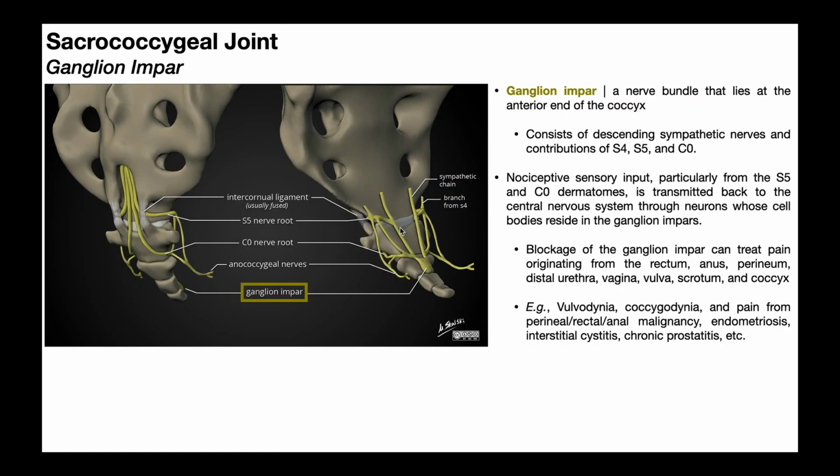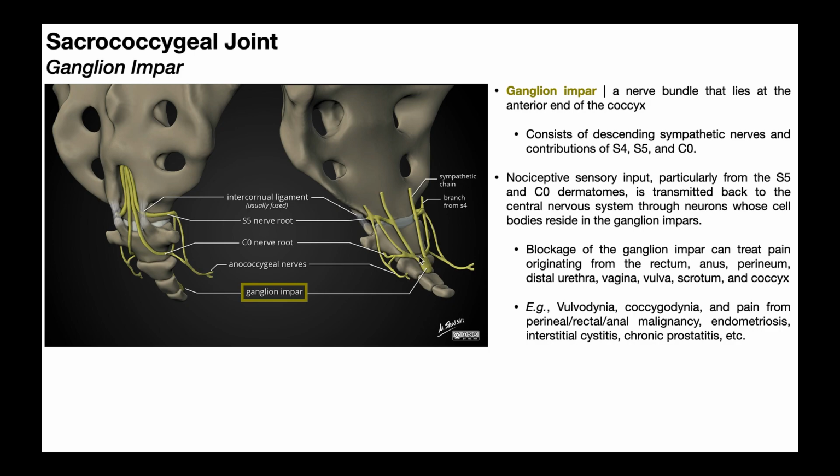Then if we look at the right side of the picture here, on the anterior surface of the coccyx, there's a nerve bundle called the ganglion impar. And this consists of descending sympathetic nerves, so they give their contributions to the ganglion impar. And there's also contributions from the S4 nerve root, not shown, the S5 nerve root right here, and the coccygeal nerve root.